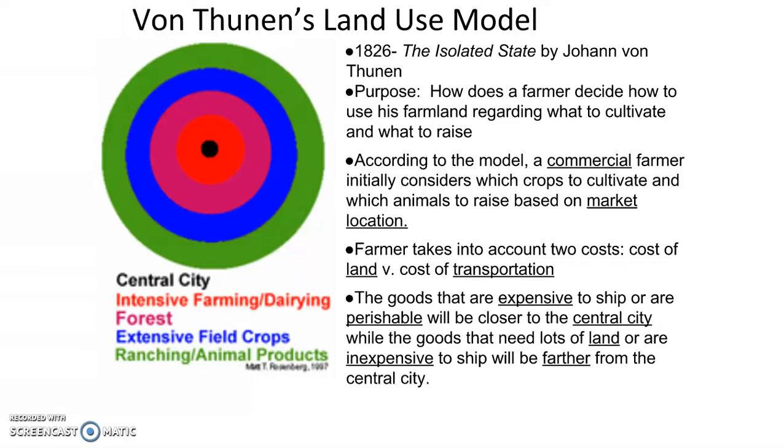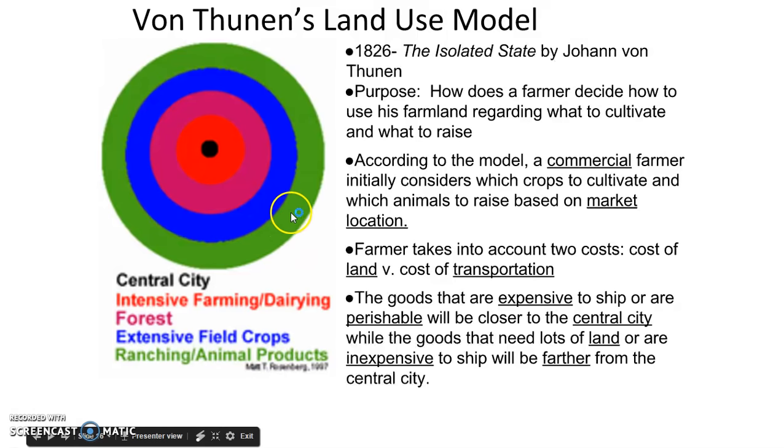While goods that need lots of land are going to be located the furthest from the central city because that land is the cheapest, and goods that are inexpensive to ship will be farther from the central city. If they're inexpensive to ship, they can put them further away, even though they'll have to transport them further.